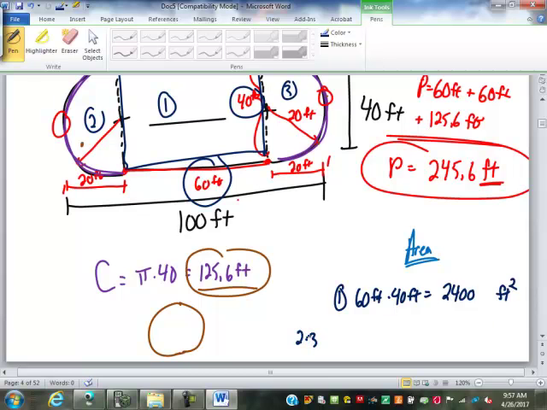For pieces 2 and 3, I'm going to do the same thing again. I can put those two half circles together to make one full circle, and it has a radius of 20 feet. So the area is pi times 20 squared, otherwise known as 1256, right?